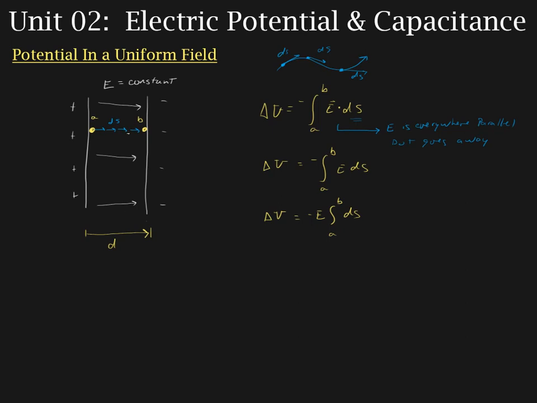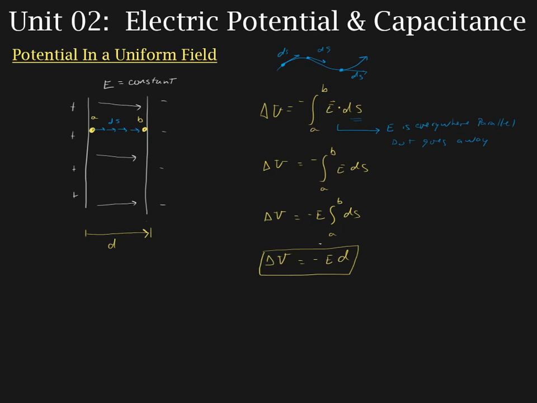We went from A to B, which is the distance d that we've defined here. So we end up with delta V is equal to minus E times d. Now, this is how you find the potential difference as you move through that space between parallel plates.